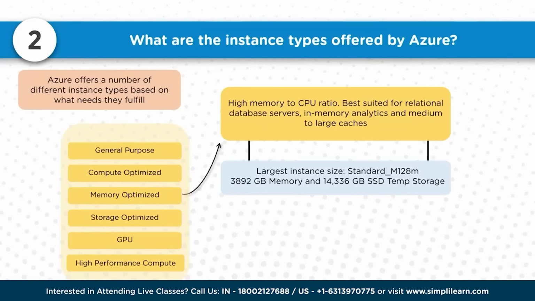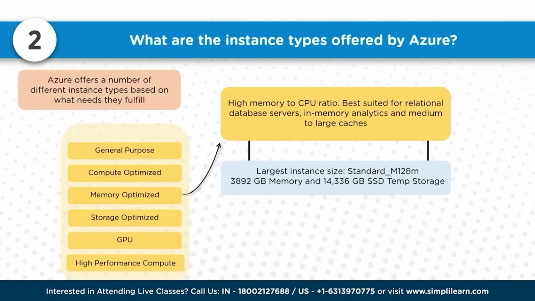In the same lines, memory optimized VMs offer a high memory to CPU ratio and are great for databases. Databases require more memory, so it's a great fit for a database, and it's a great fit for medium to large scale caches and applications that require in-memory analytics.